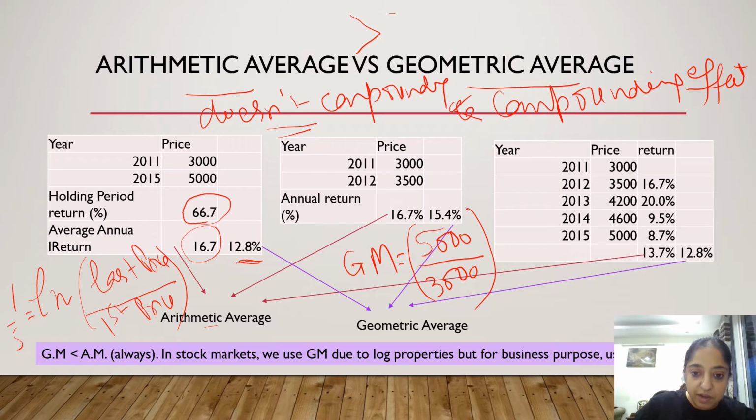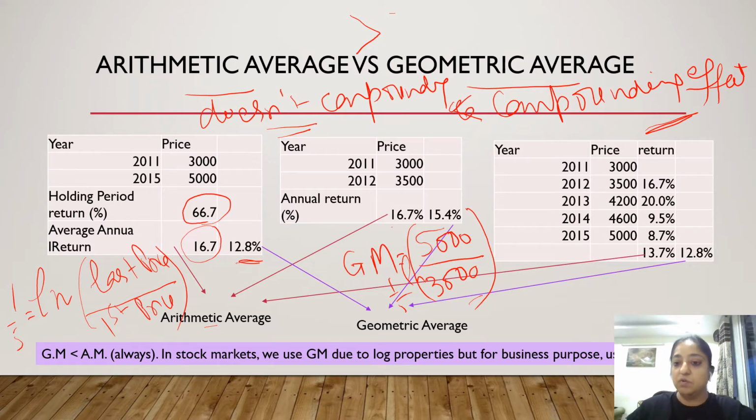So here it is ln, and I need to put 1 upon 5 here. Done. So this is my geometric average because it is going to take the effect of compounding. Here also, from 2011 to 2012, if I take the geometric average and the arithmetic average, the effect will be different.